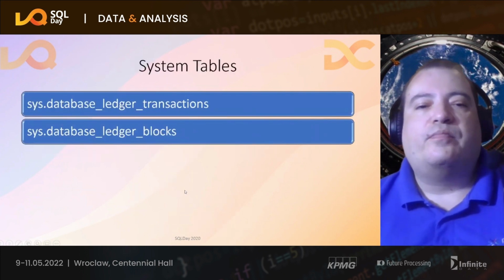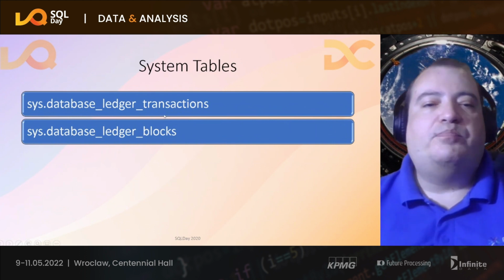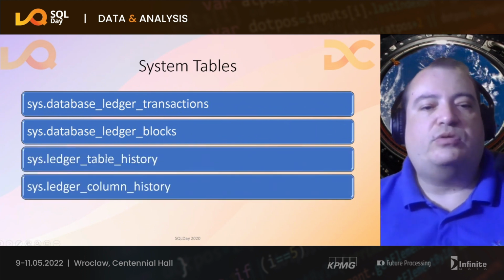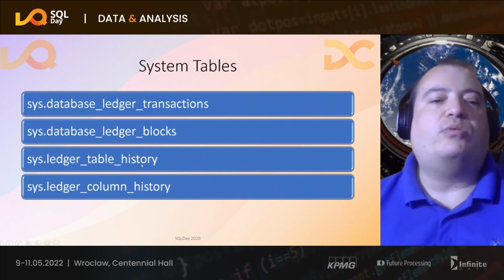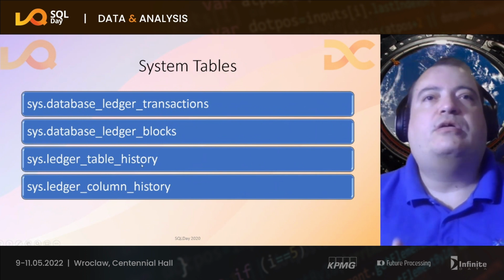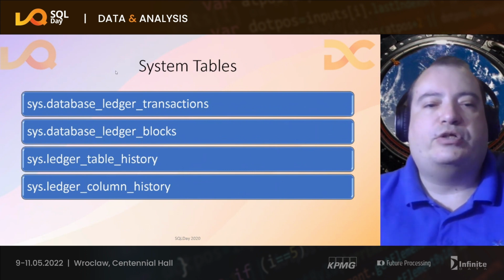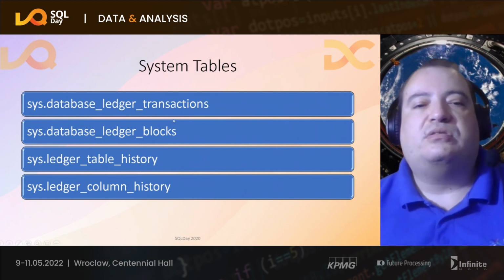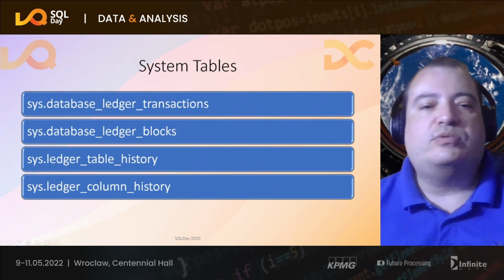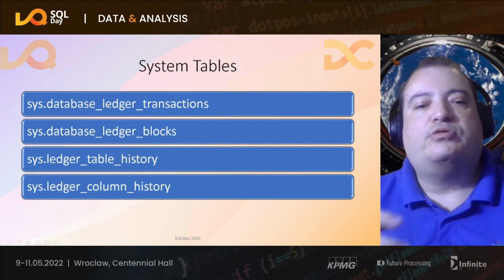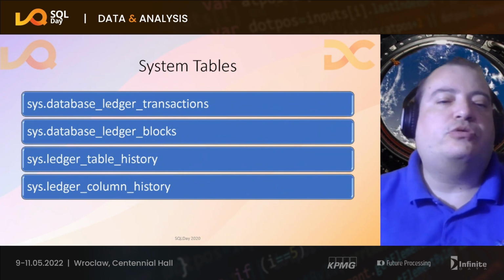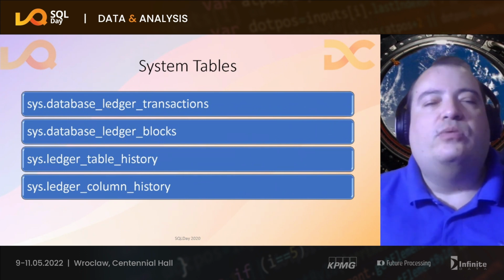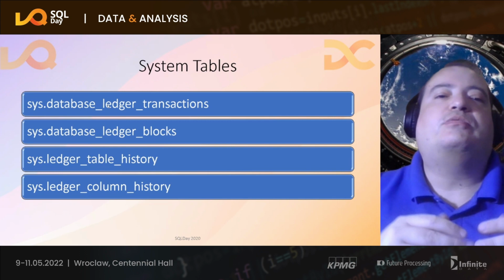So, besides these two system tables, we also have some tables to check history about table creation and column creation, because these history tables are a bit complex to read. The user history table of Ledger will not show us information about table creation.